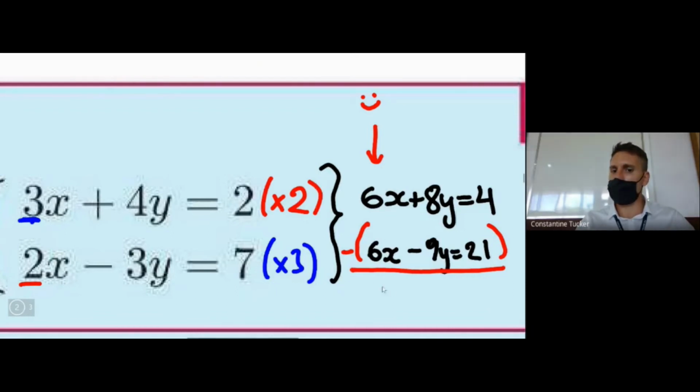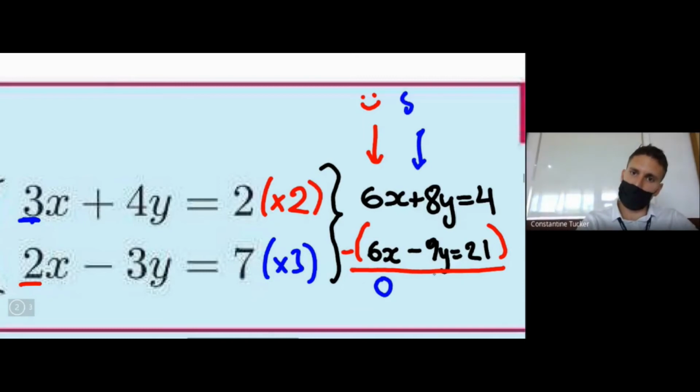What does that give us here? 0, because 6x minus 6x just disappears. Moving on to the next bit, positive 8y minus 9y. So this minus minus becomes plus. So 8y plus 9y.